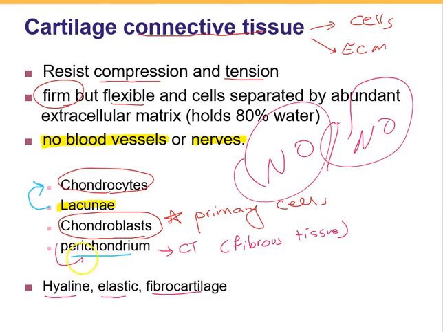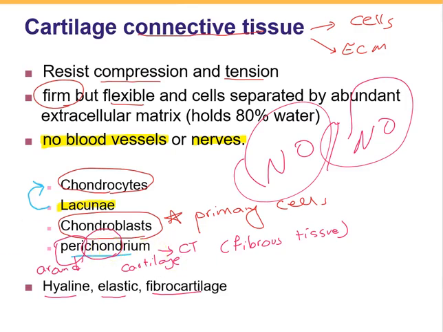Peri means around, chondro means cartilage. Perichondrium is a fibrous tissue around the cartilage which supports, protects, and also supplies the cartilage.